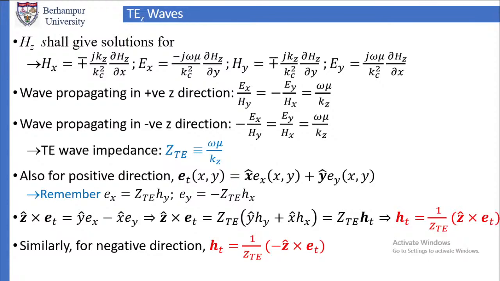Similarly, capital Hy is equal to small hy into exponential minus plus jk subscript z into z. So this exponential part cancels out. So capital Ex by capital Hy is equal to small ex by small hy.